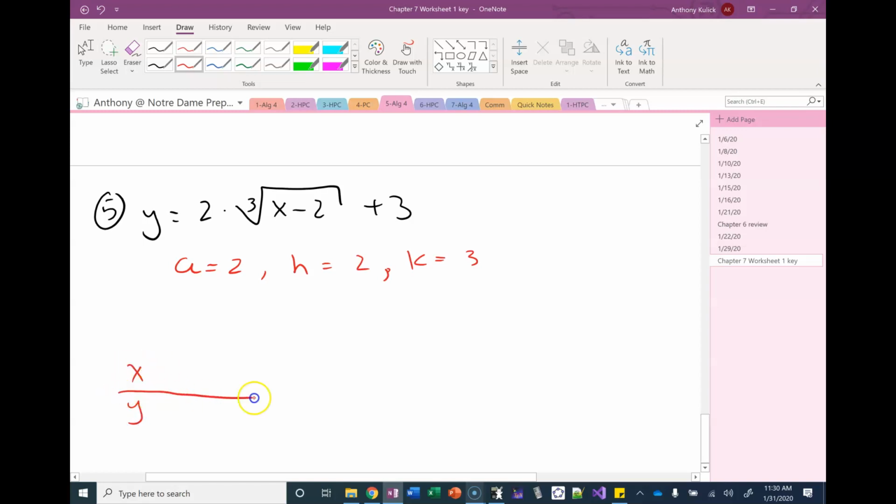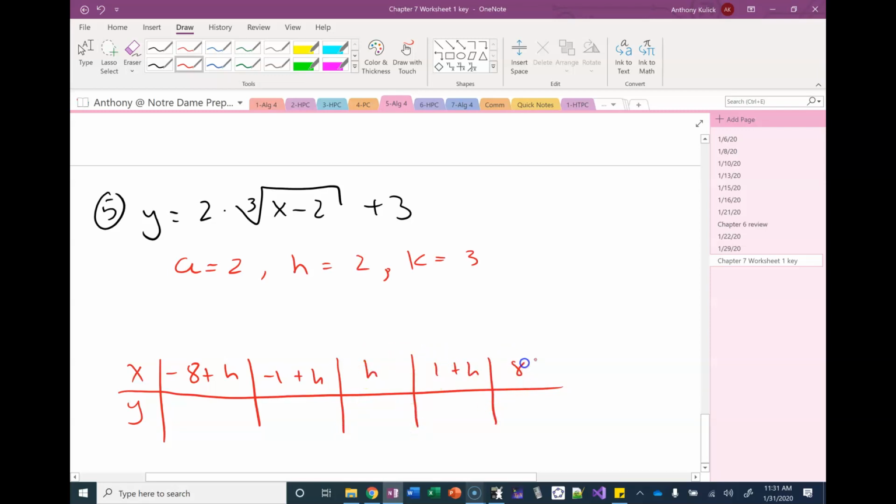So I'll make my xy table, and because this is a cube root graph, the way I'll pick my x coordinates is like so. Good there? And the way we'll find our y coordinates is like so. So this is just using from our notes.